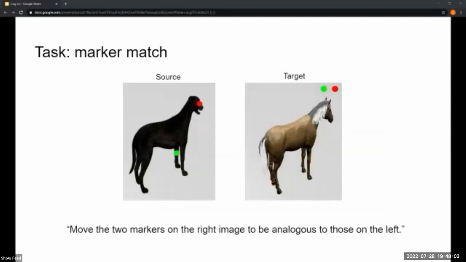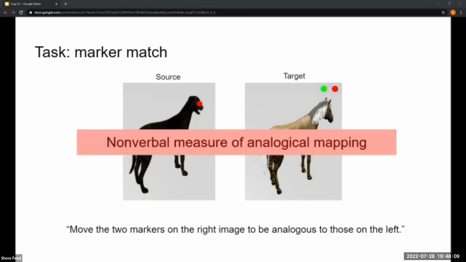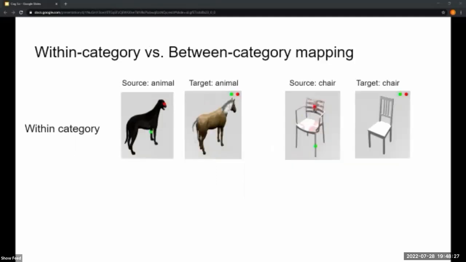We have over 150 trials for each participant, and we consider it a nonverbal measure of analogical mapping, because the difference between Gardner's experiment and ours is that we don't verbally express where we want to put the marker, but rather we have a source image already marked with parts.